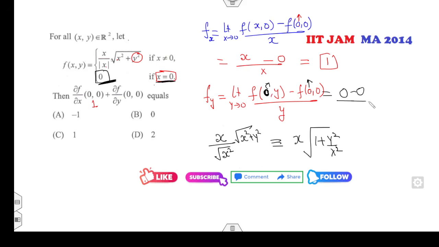So it is 0 minus 0, 0. So this value becomes 0. 1 plus 0, 1 is the right answer of the problem.